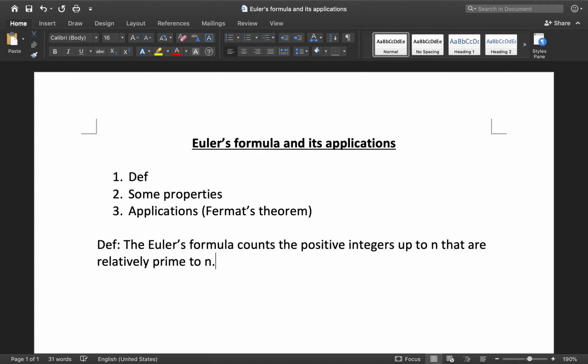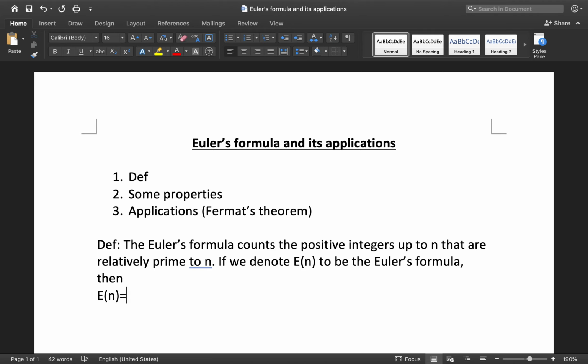So in other words, if we denote En to be the Euler's formula, then we have this.